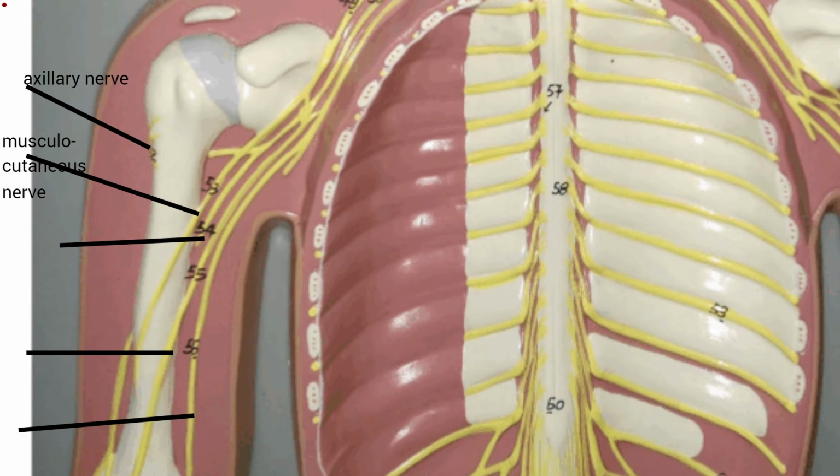We have the radial nerve. Median nerve. And then we have the ulnar nerve. Okay.